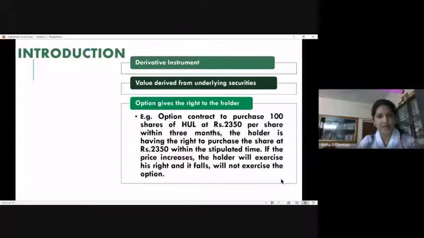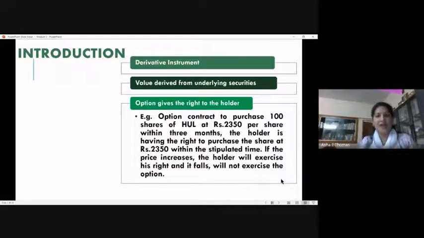The contract is cancelled without exercising after 3 months, and he can sell the asset in the market. So he gets the premium as well as the asset. That's the expectation of the person who has sold his right. The position of this person is called short position. The position of the person who buys the right is called long position.